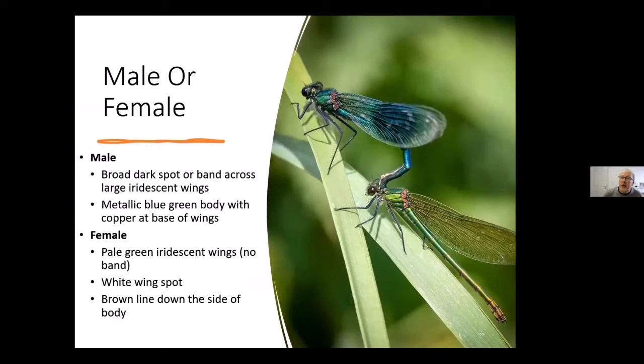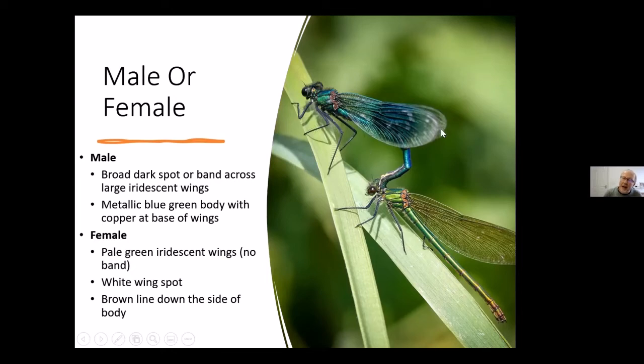And this is what you're looking for, an iridescent green body, and on the male a broad dark marking through the wings. The females have translucent wings with coloration all the way along, but with an iridescent green body.